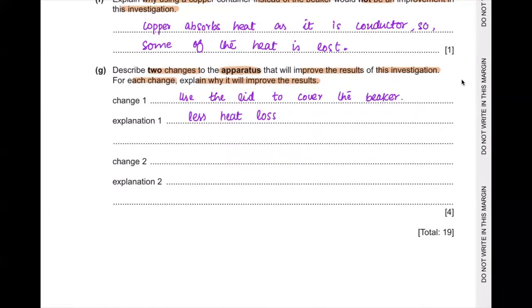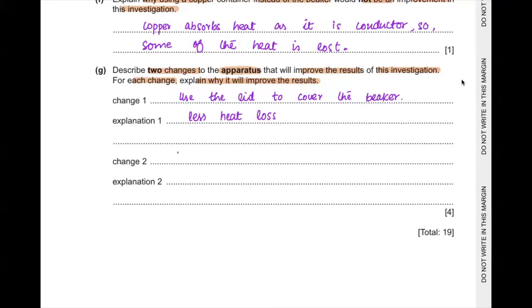So the second change would be, yes, Marwa, very good. We can use a burette in step one, because a burette can be used to record any volume between 0 centimeter cube and 50 centimeter cube. And the measuring cylinder that we use gives approximate results. It measures the volume approximately.